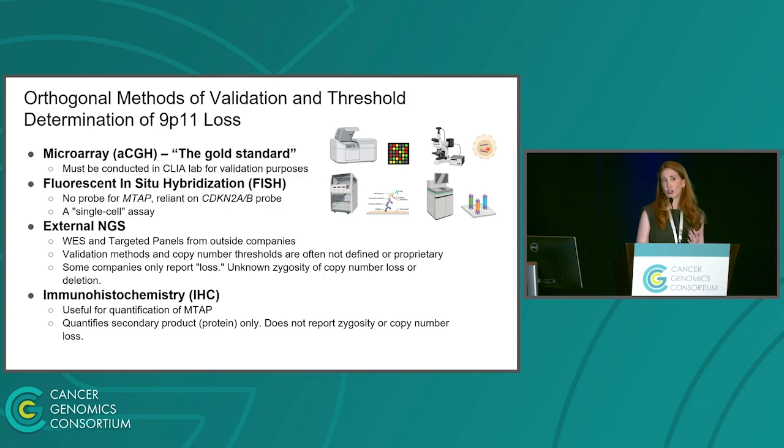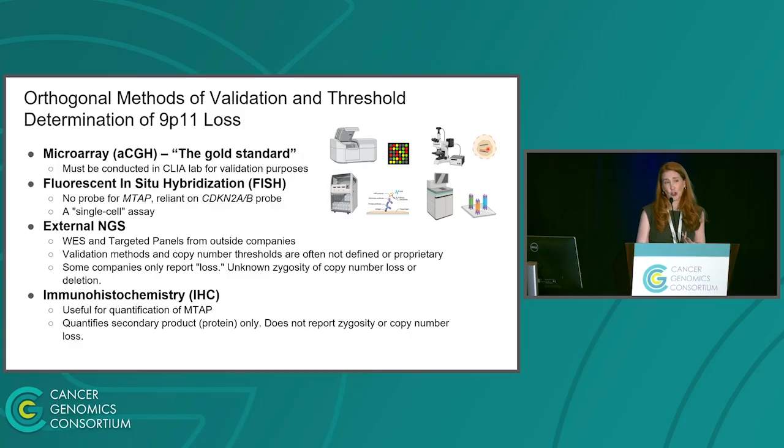And then we had external NGS from various biotech companies. The one limitation with this is that sometimes the validation methods or the copy number thresholds are not defined, or they're proprietary, so it was a little bit difficult to find those. Some companies only report loss, so we don't know the zygosity of the copy number loss or deletion, so they may be reporting loss of heterozygosity or homozygous loss.